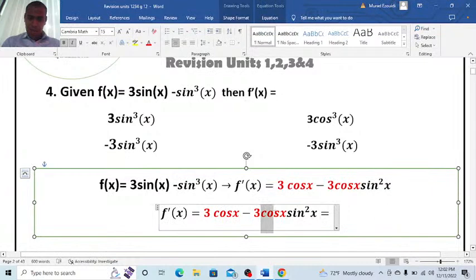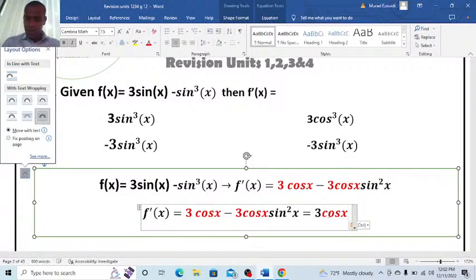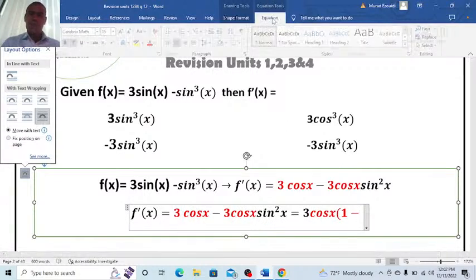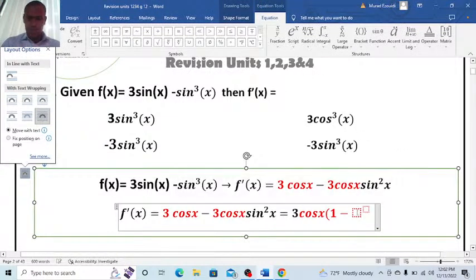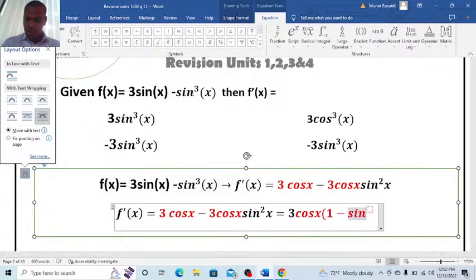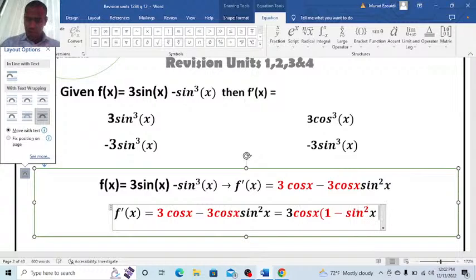I will make it with red, 3 cosine of x, because it's a common factor. I will write here 3, then cosine of x multiplied by 1 minus sine square of x. Then I'm going to close the parentheses.